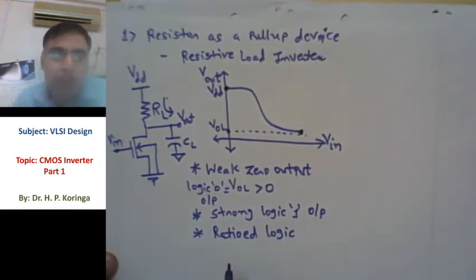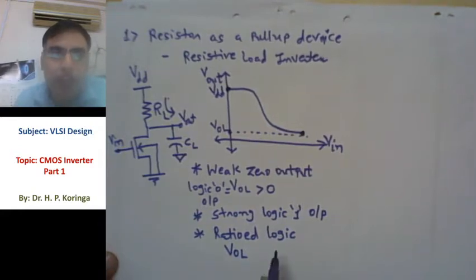Ratioed logic means the design specification parameter is how much minimum output we can achieve. VOL is a specification parameter of a resistive load inverter.